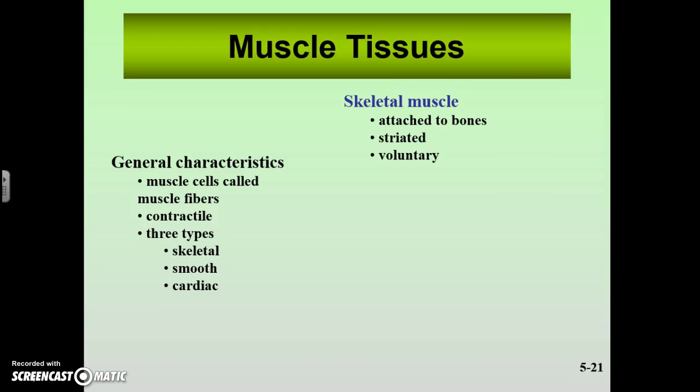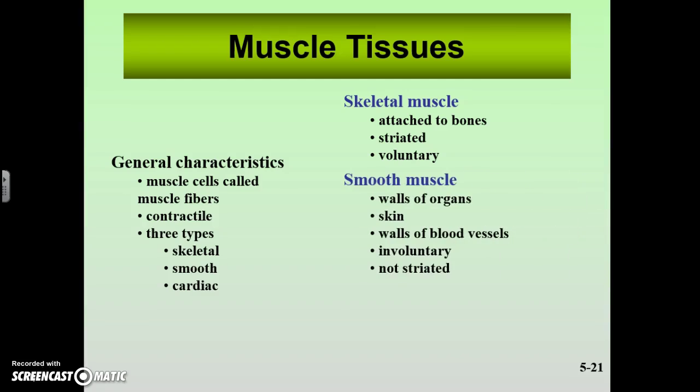So looking at the three different types, this slide in particular would be a great one to study for quizzes, because there's a number of questions I can ask you. When looking at the types of muscles, there are, again, three types: skeletal, smooth, and cardiac. Of those three types, only one is voluntary, and that is the skeletal muscle.